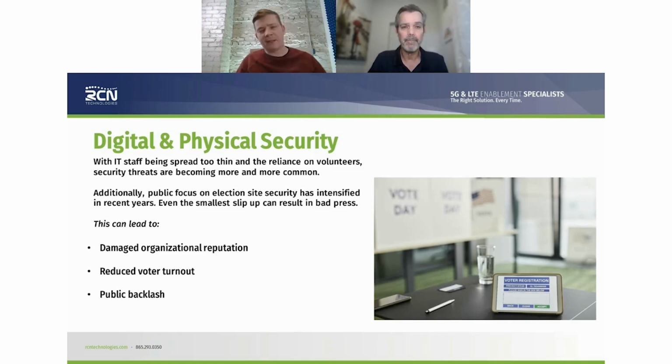Yeah, a lot of issues have popped up, especially over the past two elections when it comes to public outcry. We've had people everywhere who are crying for more and more security, and with these problems that you run into, the worst is always assumed. If your network goes down, people aren't going to assume, oh, the network just went down because there was too many people using it.